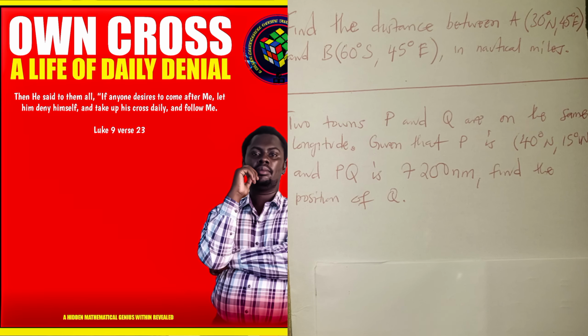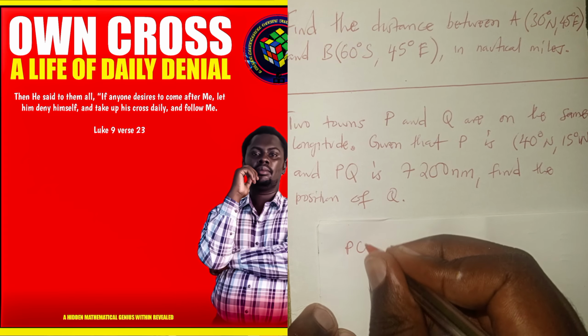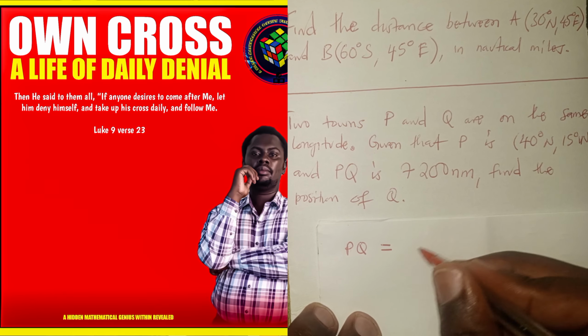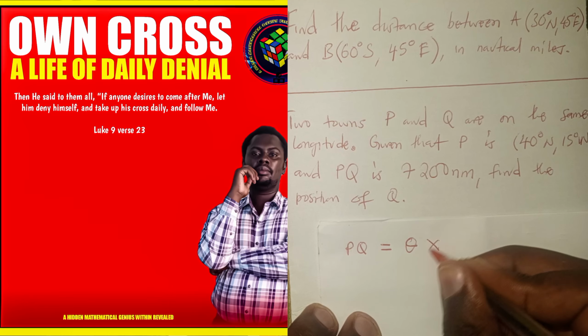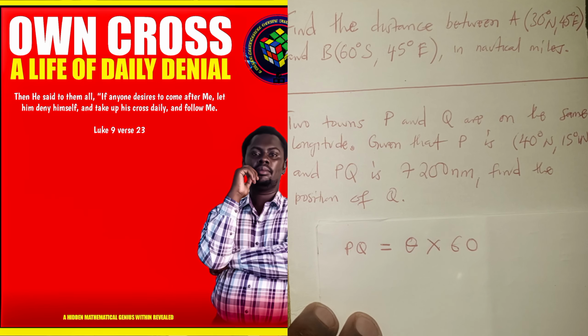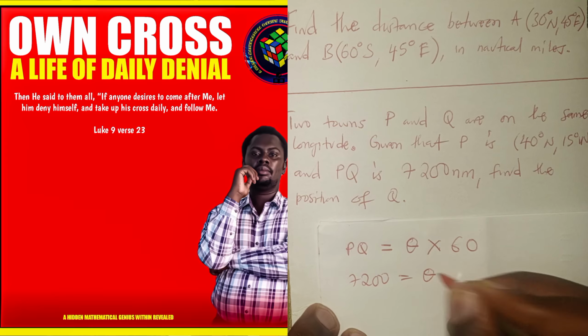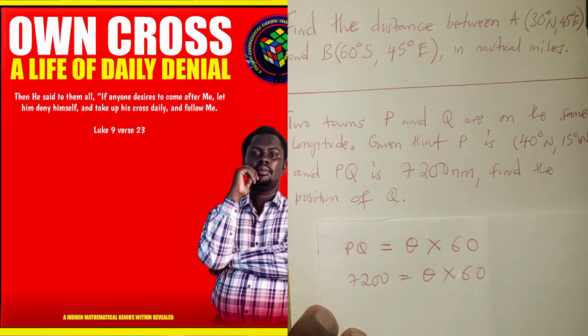We are told that they are on the same longitude, so it is a distance along the great circle. Again PQ is equal to theta multiplied by 60. PQ is given as 7,200, so 7,200 is equal to theta times 60.